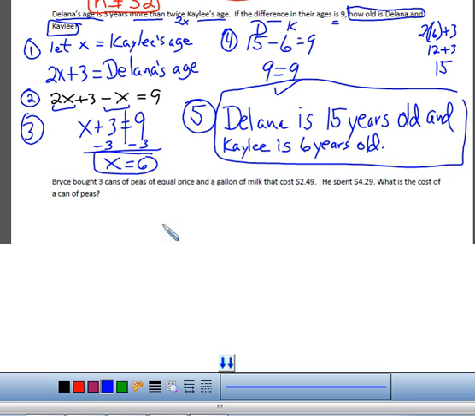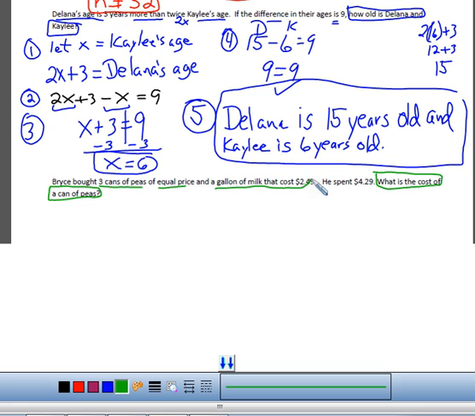All right, next problem. Bryce bought 3 cans of peas of equal price and a gallon of milk that costs $2.49. He spent $4.29. What is the cost of the can of peas? So we only want 1 can. Now it's a question. So your final answer better be as a sentence. So 3 cans of equal price. We don't know what that is.